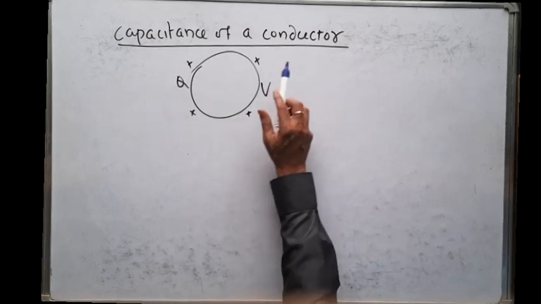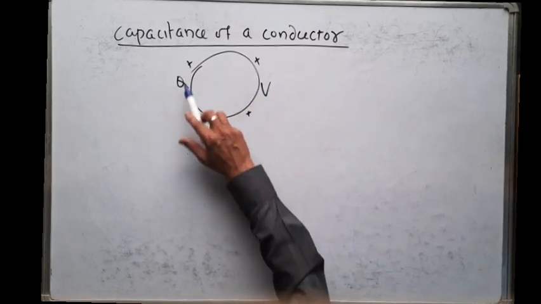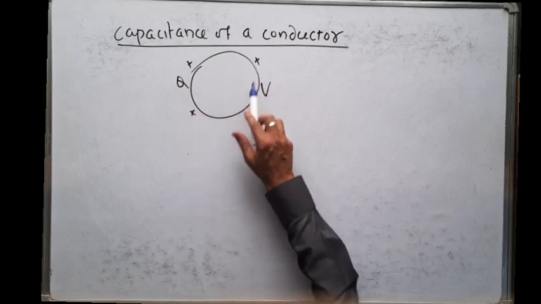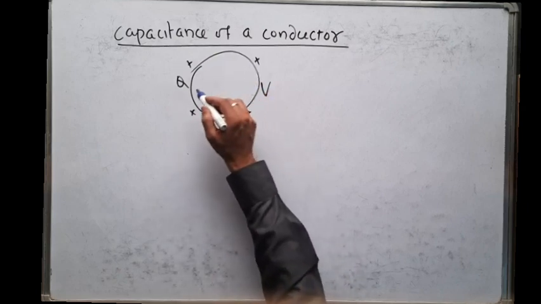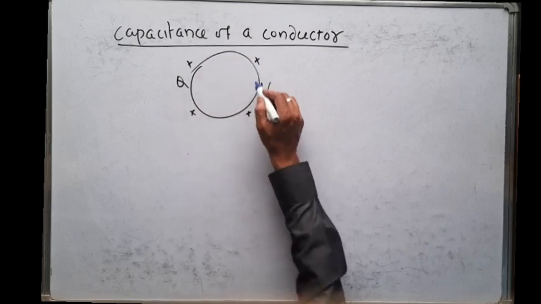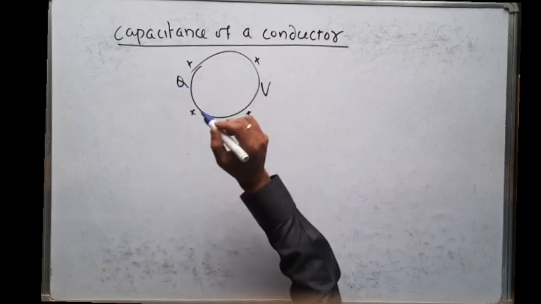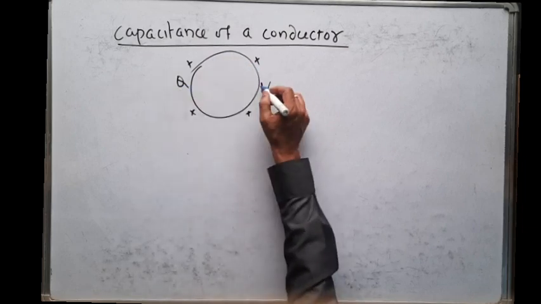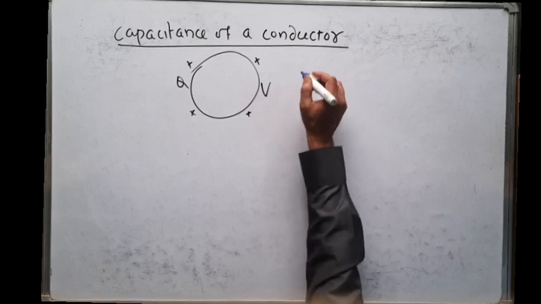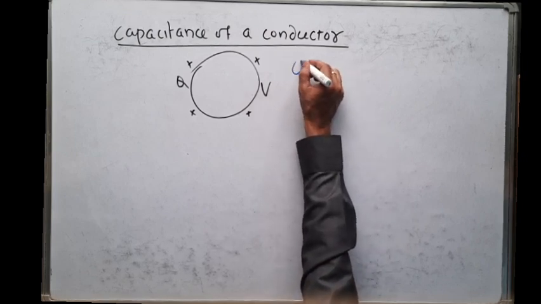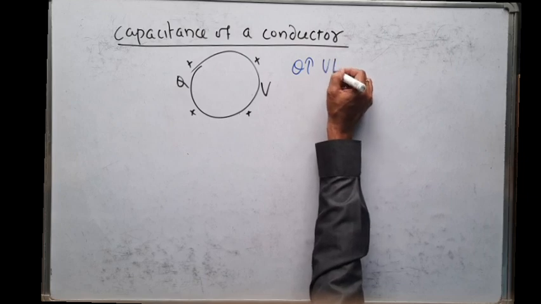I am discussing only one spherical conductor, or any type of conductor. Let us say the charge on the surface is Q. Due to this charge, the potential on the surface is V. We know that if charge increases, potential also increases.